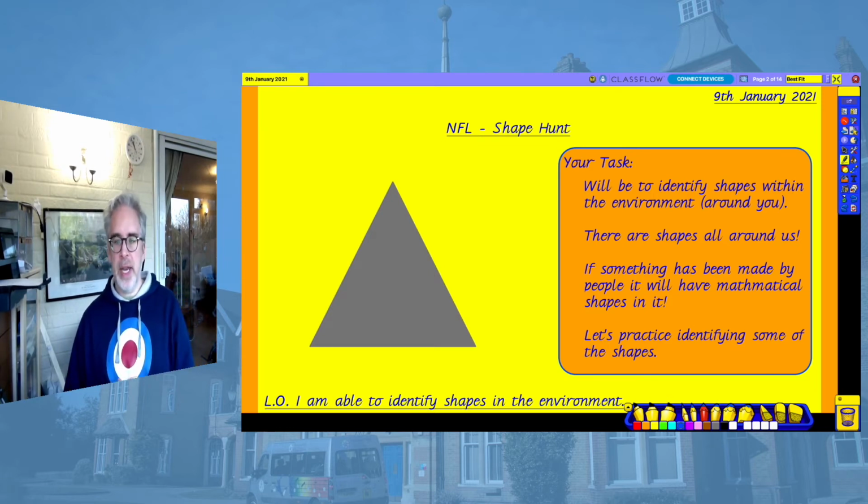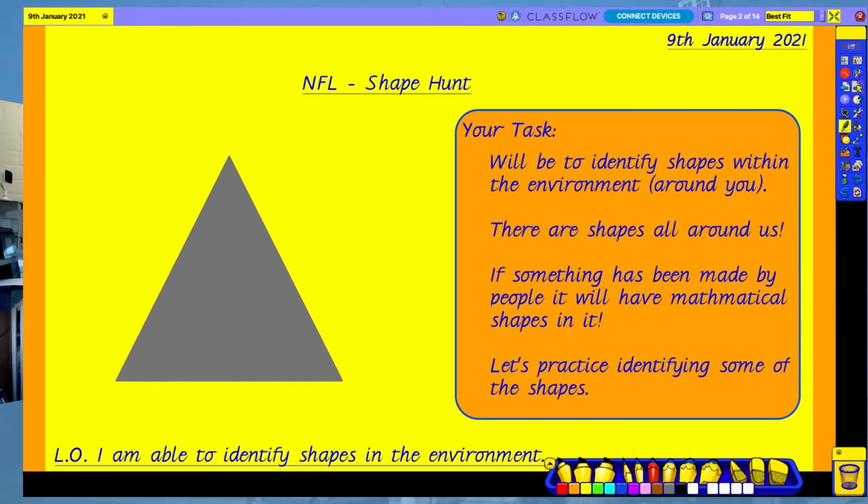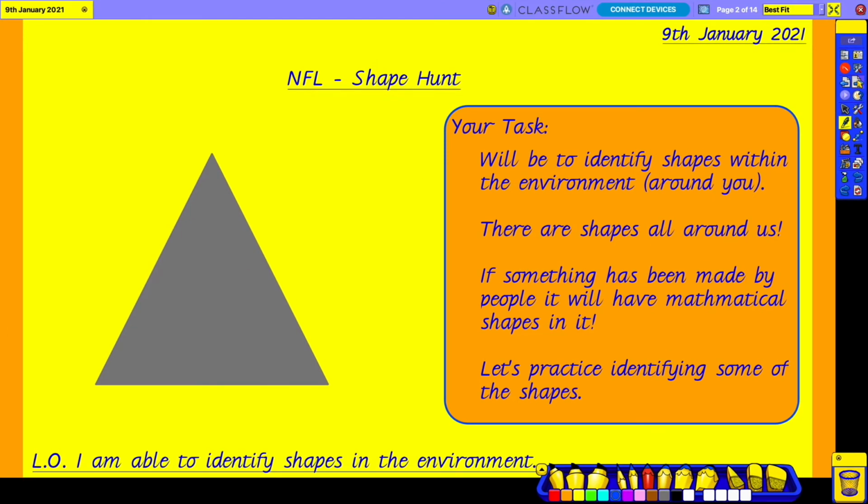Have a look at the screen, see if you can identify what this shape is. Okay, so we have some key facts that we can look at regarding this shape. If you were able to say that this was a triangle, well done.